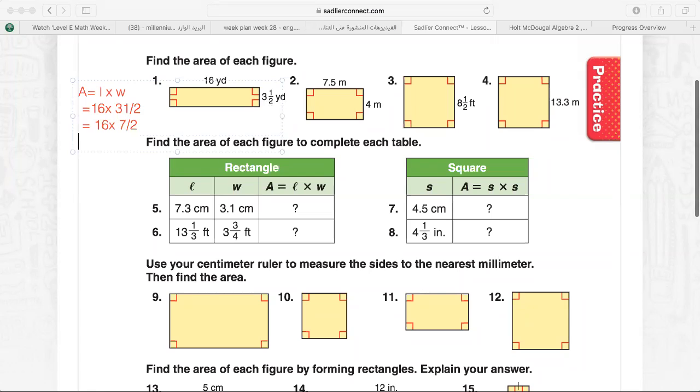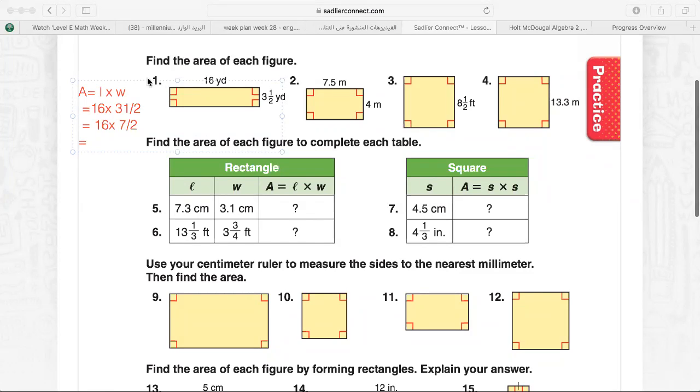I have two ways to multiply, whether to multiply the numerators together and the denominators together, or GCF. So let's do the GCF because 16 and 7 will be a greater number.